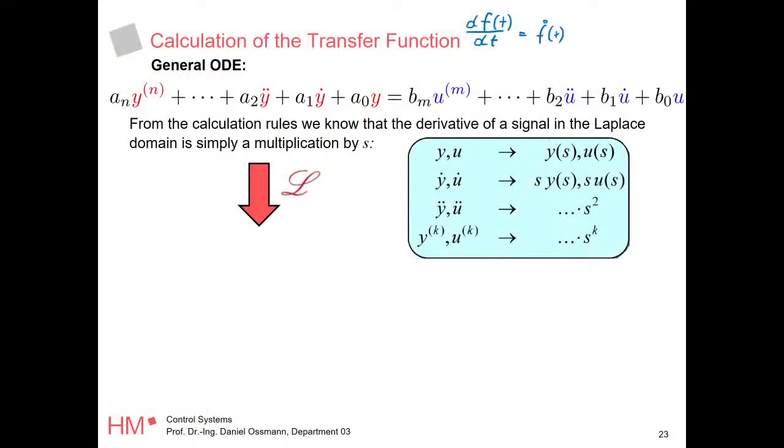Okay, there's another way. We can take f and bring it into the Laplace domain, and we simply call that f of s then. So how do we bring the derivative of f of t into the Laplace domain? Well, we just transfer our f to f of s, and then we multiply by s. So we don't need to do a differentiation.